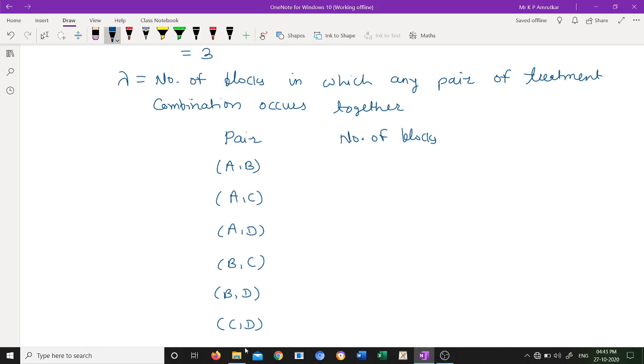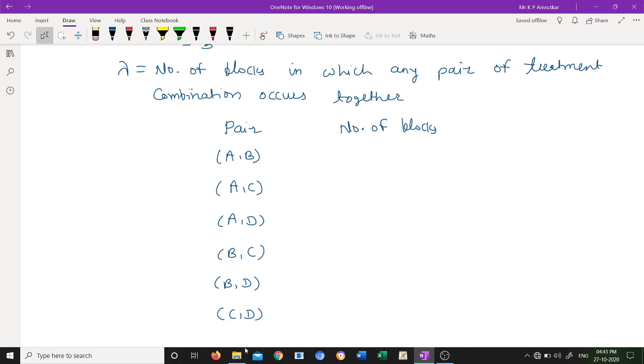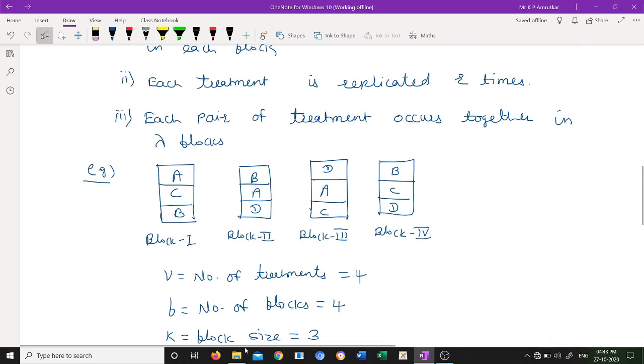In how many blocks does each pair occur? Take the AB pair and look at this design. The AB pair occurs in block number 1 and block number 2. This means the AB pair occurs in two blocks. Next pair is AC. AC occurs in block number 1 and block number 3, so this also occurs in 2 blocks.